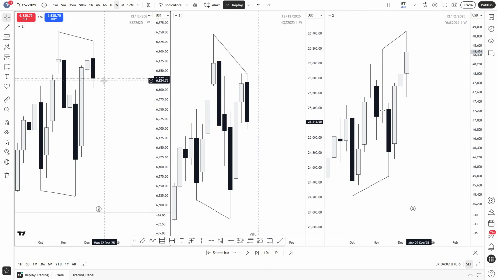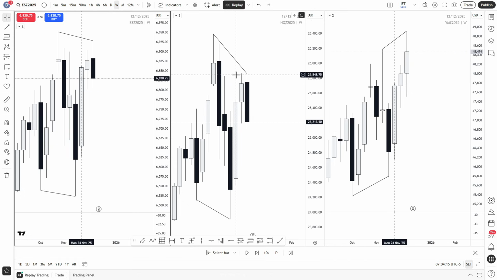A TPD is likely to form, confirming this SMT, meaning that our bias is now going to be bearish, and the targets are going to be these lows. As in the previous video, I said that unsymmetrical lows are your targets. This is the higher time frame bias.